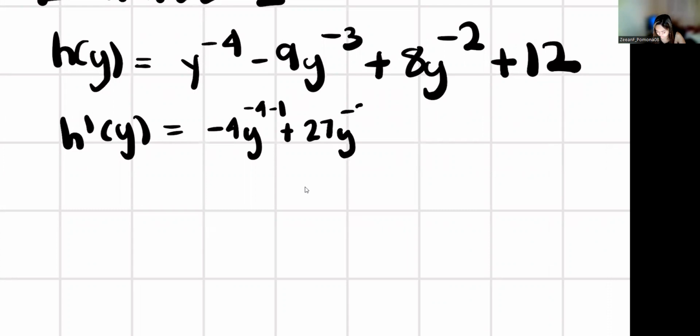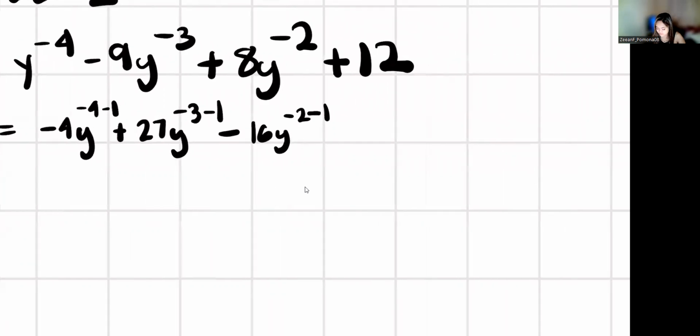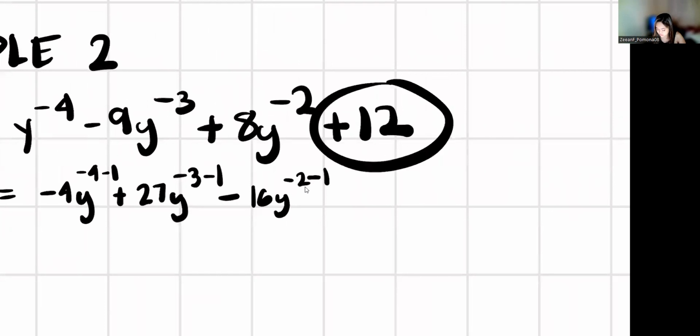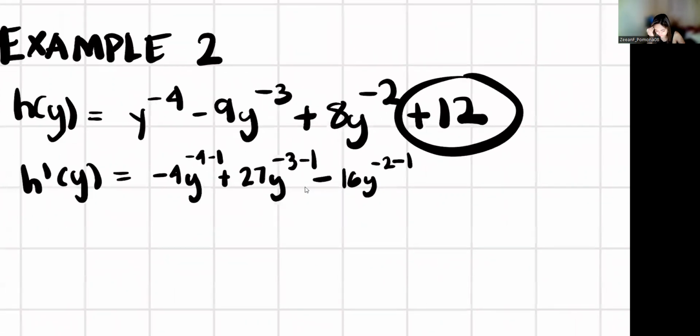Y, negative 3 minus 1, plus 8, not 8, sorry folks, negative 16y minus negative 2 minus 1. And then you know that this is a constant. So you don't do anything. You don't add that to the derivative.